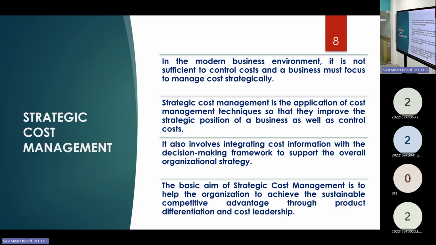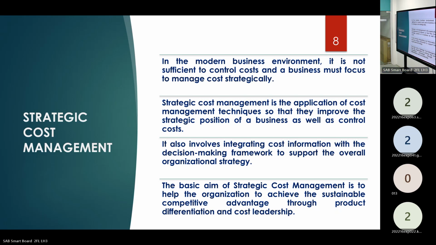That means your customers value your product or service over the competitors. Your product or service has some features which are valued by customers over the competitors. So you have some competitive advantage, right?